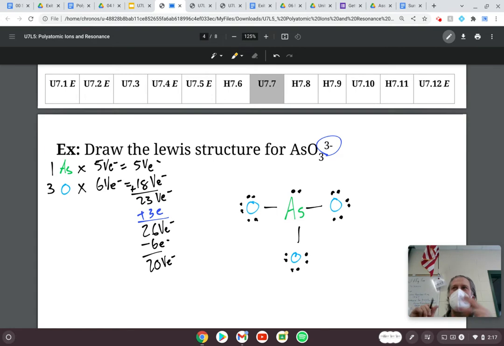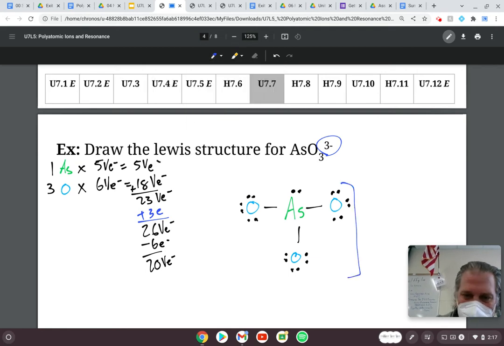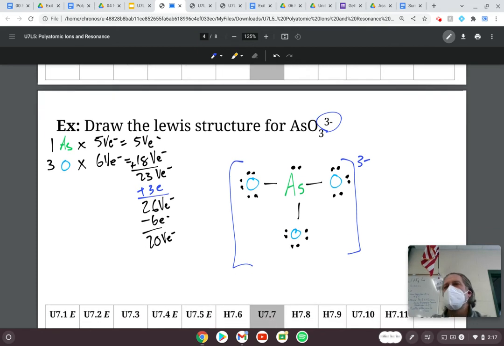That gives it 8. So each of these atoms has 8 valence electrons. The last thing we need to do is put a bracket around the whole thing and write the charge of minus 3. So make sure that you're bracketing these, because if you don't, I have to take off points.